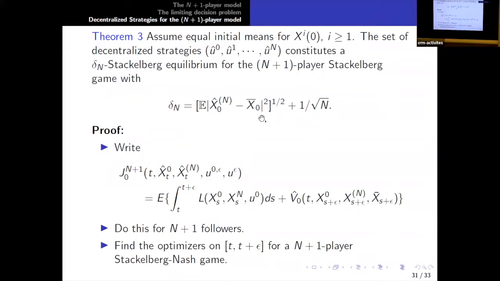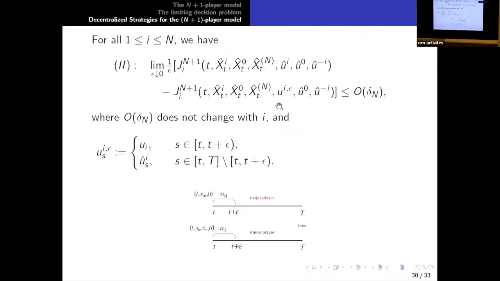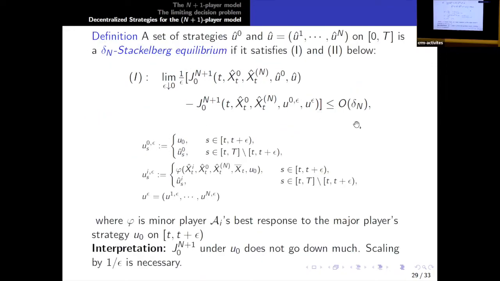Roughly it means when n is very big, and the initial approximation is good, then delta n will be very small. So in the end, you almost have 0. It means you cannot have essential improvement for this leader. So this shows the delta n Stackelberg equilibrium property.